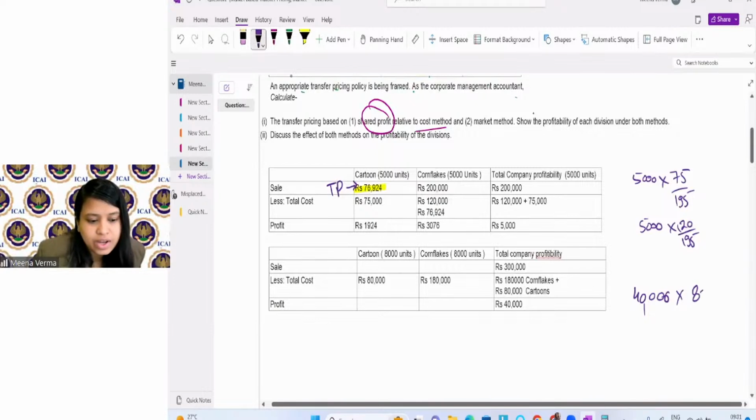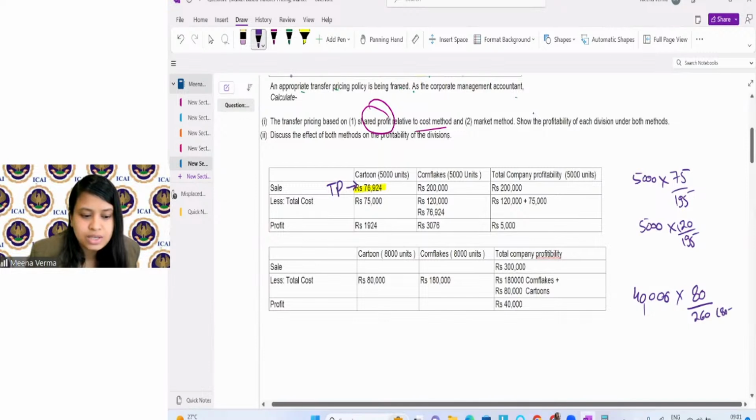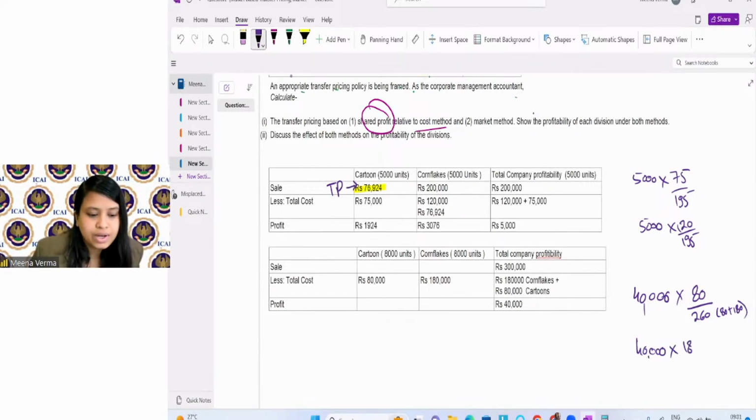I'll allocate it: 80 divided by total 80 plus 180, which is 260. Next, 40,000 into 180 divided by 260.